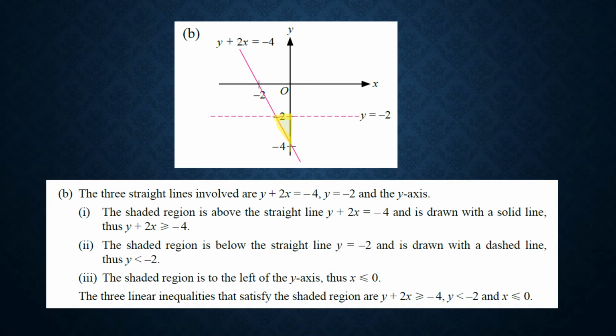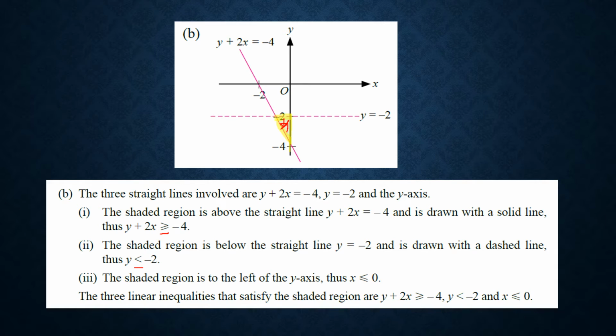So we want to identify that the shaded region is above. For y plus 2x equal to -4, the shaded region is above, so it will be greater than. Then the shaded region is below y equal to -2, so that's why it is y less than -2.